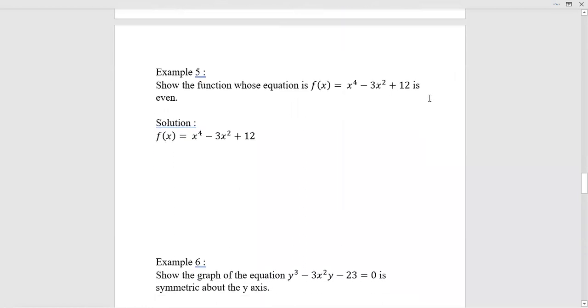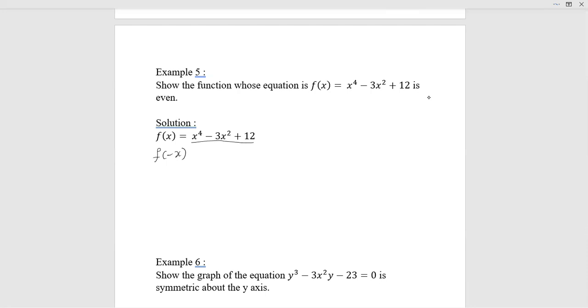Okay. Show that the function whose equation is f(x) equals x to the 4 minus 3x squared plus 12 is even. How do we show it is even? We find f of negative x. When we find f of negative x, if we get the same answer as the given expression, we can say it is an even function.